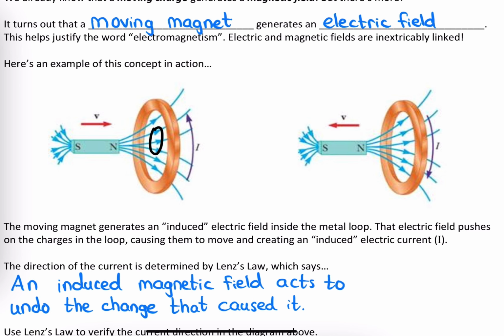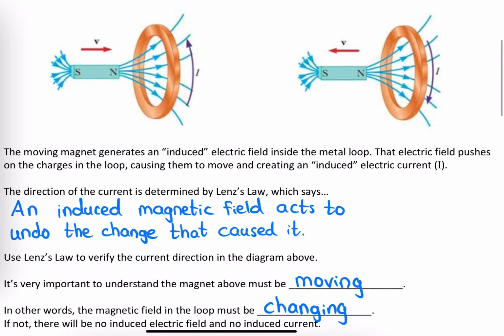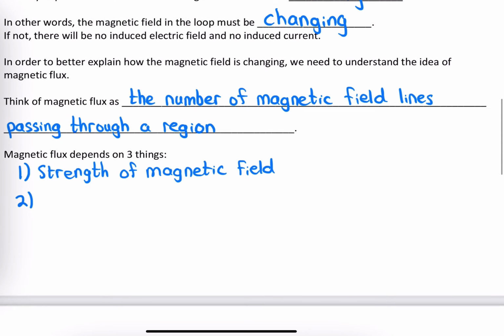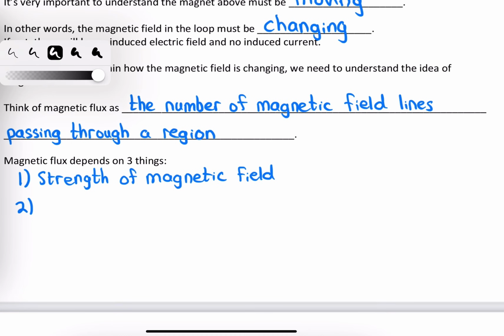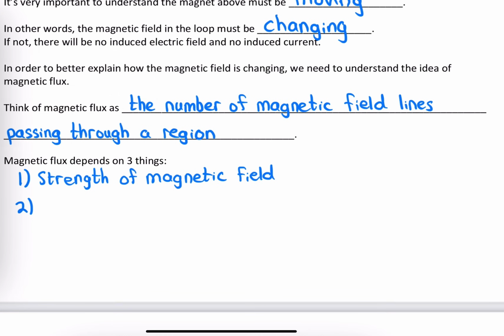Even though the loop's in the same place and the magnetic field is the same strength, by making the loop smaller, I have less flux. So that's point number 2: the area of the region, in this case, the region being my loop.